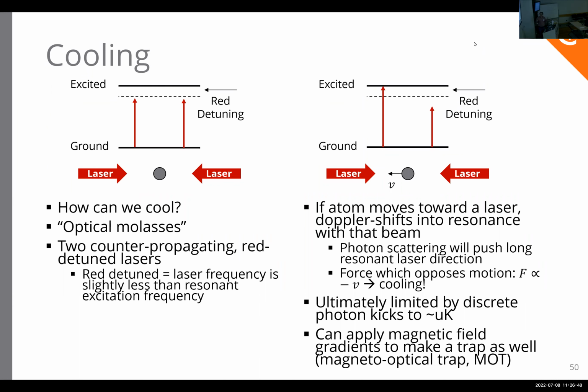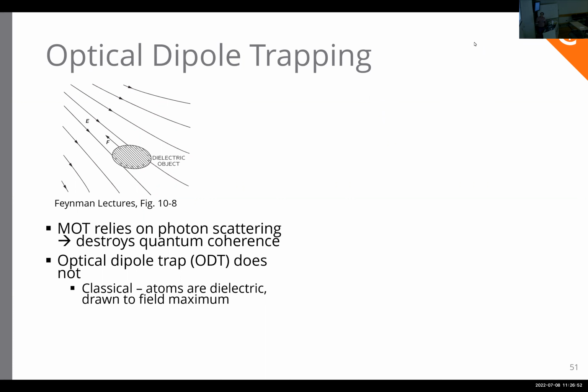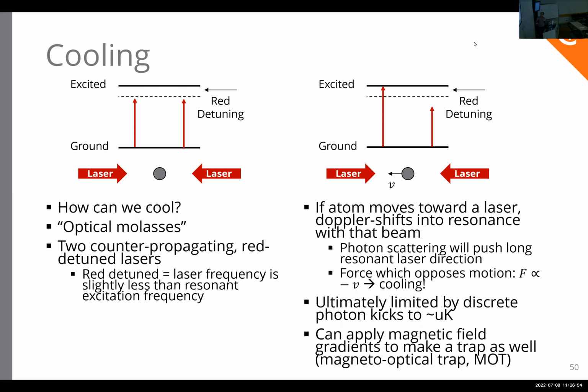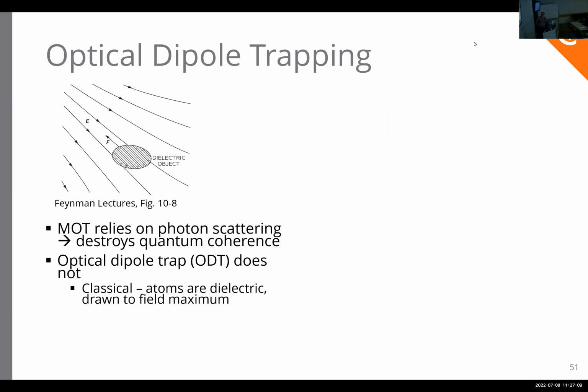The magneto-optical trap itself is usually not suitable for a lot of measurements because it relies on these optical forces, meaning you're constantly scattering photons off the species, you're constantly exciting it and then letting it redecay, which means you're constantly resetting the state that it's in. So this destroys any sort of quantum coherence immediately. There's another solution to that.